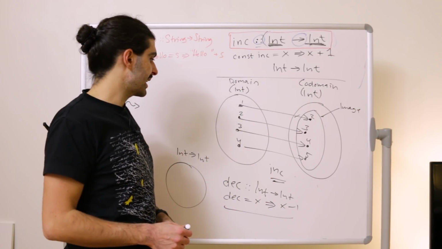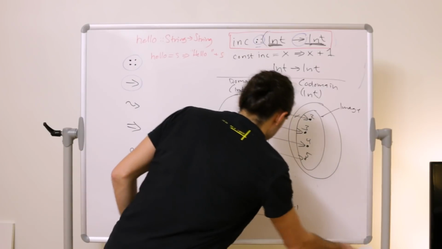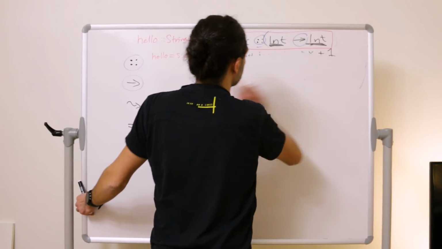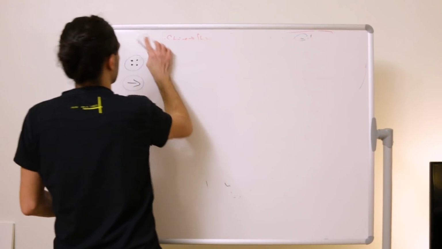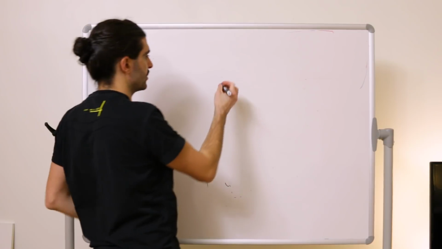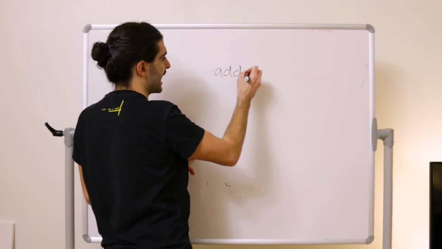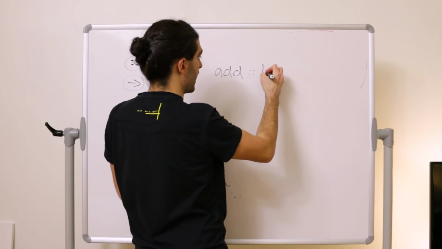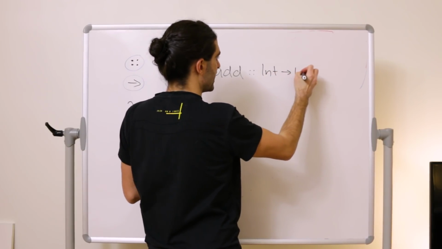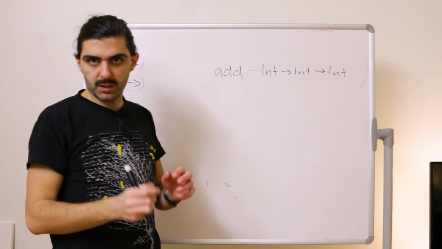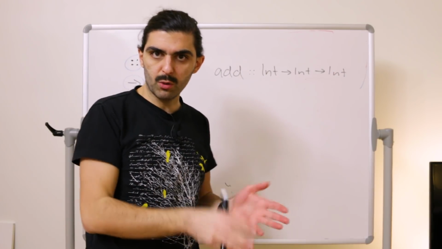But if you have something like add, let's remove this and draw up add. Now I'm on a bit of shaky ground, but I'll try to keep my head straight. If you have a function like add, in the curried sense, that maps from int to int to int, what would that mean in terms of domains and codomains?